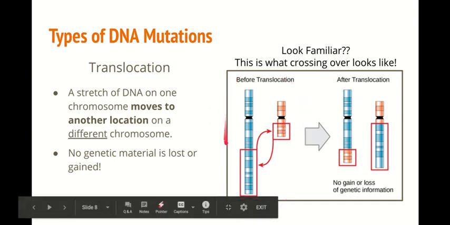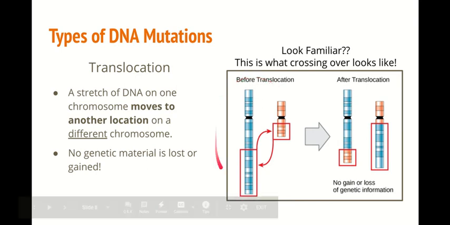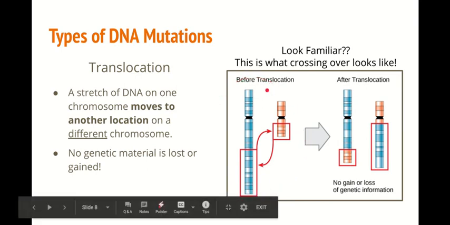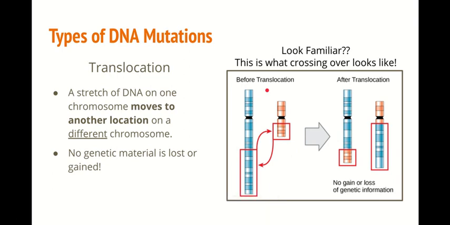They're probably not homologous chromosomes, so this isn't a specific image of what crossing over would look like. But nonetheless, this is another way that we make genetic diversity without actually losing genetic material or changing it or risking those mutations that could cause cancer. So those were the 5 types of DNA mutations.